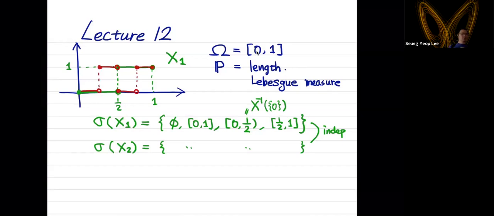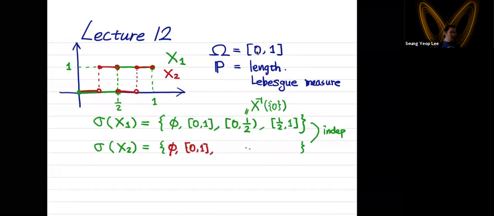So one solution was like this. There was one possible way to choose x2. So in terms of this x2, the sigma algebra will be this one. And now, what is the preimage of x2? Preimage of the 0 set. For the x2 case, here it was x1.